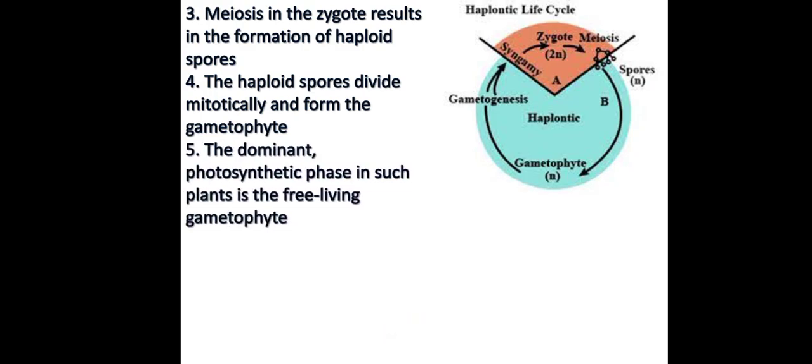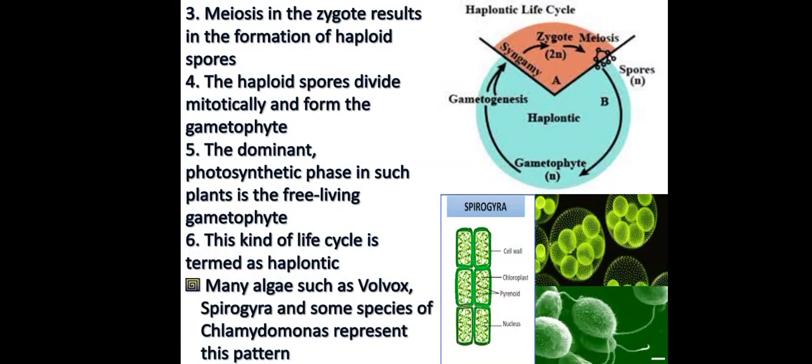The dominant photosynthetic phase in such plants is the free-living gametophyte. This kind of life cycle is termed the haplontic life cycle. Many algae such as Volvox, Spirogyra, and some species of Chlamydomonas represent this pattern, the haplontic life cycle pattern.